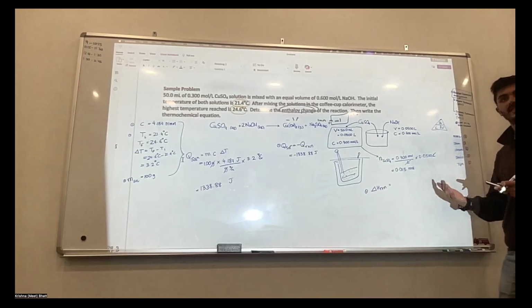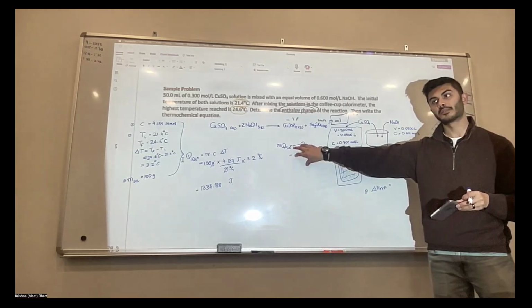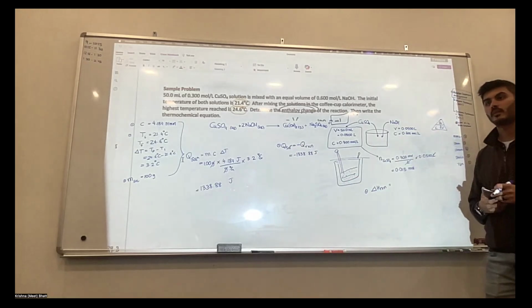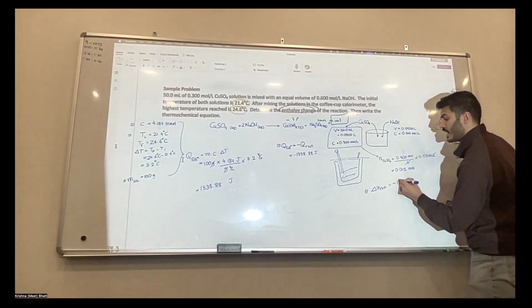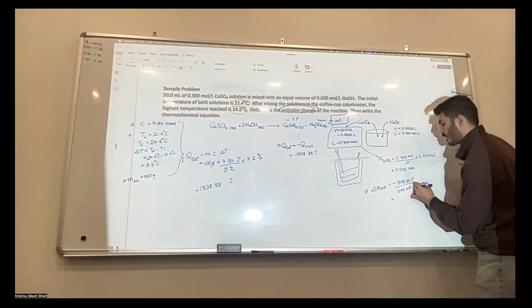We kind of already know this. We're almost there. That's how much heat is released for that many moles of CuSO4. Divide. Negative 1338.88 joules for every 0.015 moles of CuSO4 that I have.